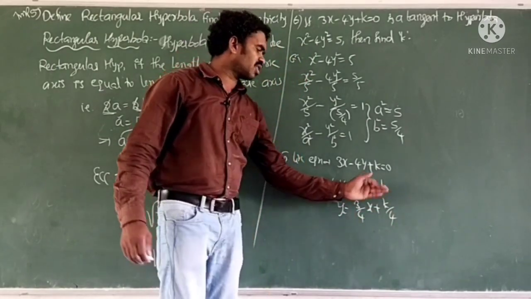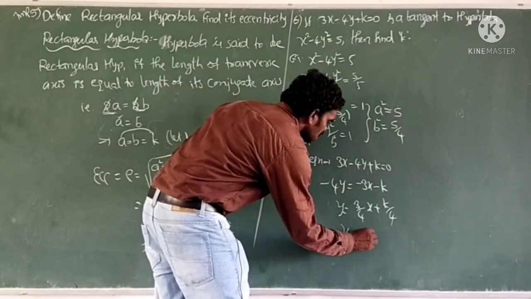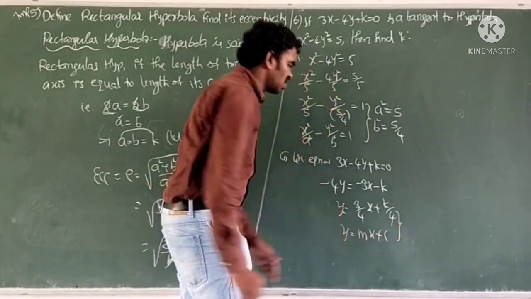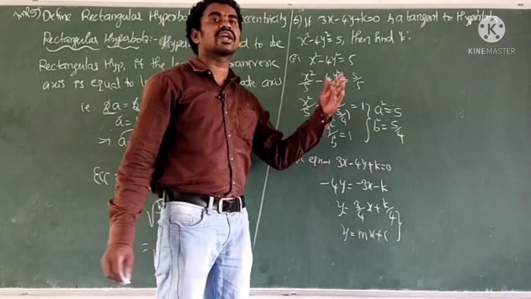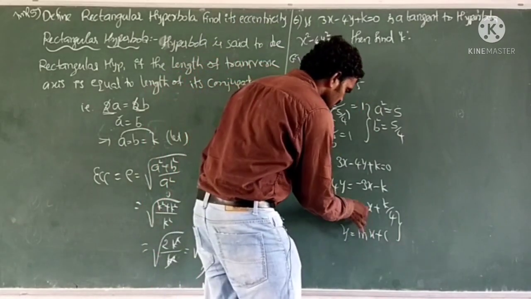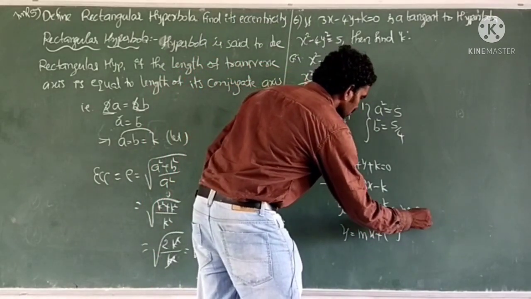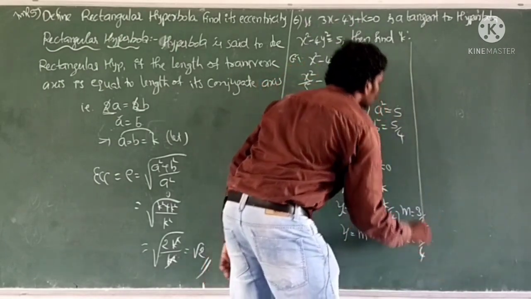Why is it transformed as y equal to mx plus c? Because we know the condition for this line and this hyperbola, that is c square equal a square m square minus b square. First, what is m? 3 by 4. What is the constant c? k by 4. Now use the condition.